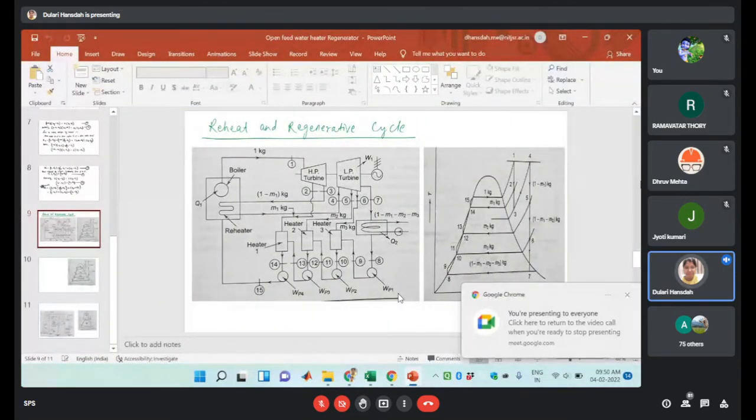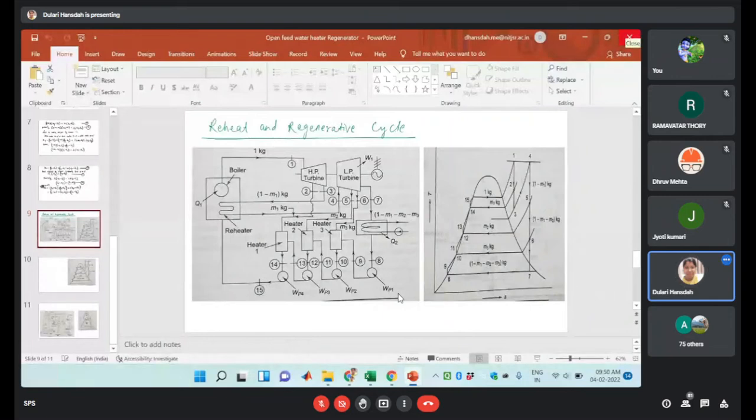We'll continue the yesterday class. So there I have told you that sometimes the modern power plant will utilize the combination of the reheat and regenerative cycle. So reheat means suppose we will have the high vaporization pressure. So why are we requiring high vaporization pressure?